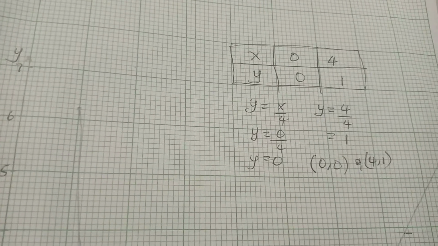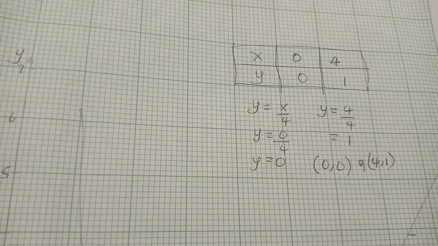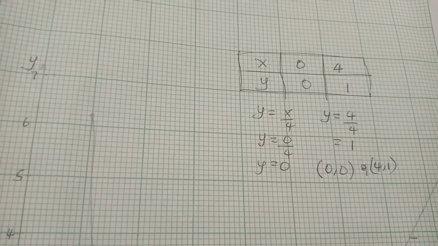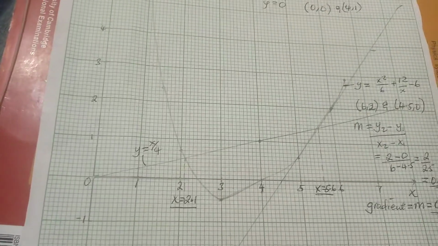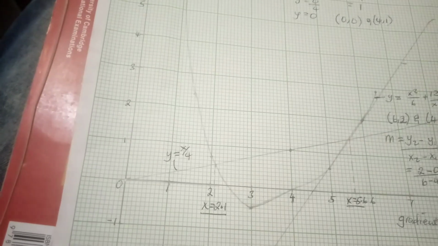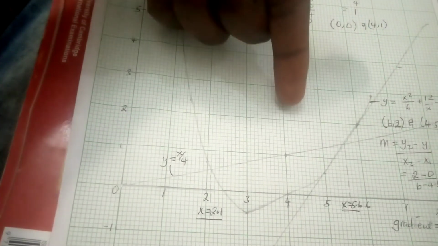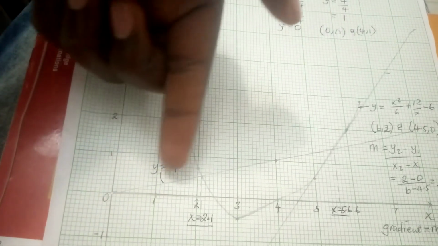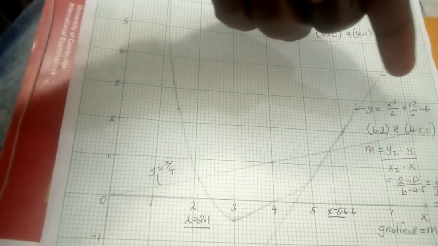When we replace 4 in the equation we have 1, so we have (4, 1). Since it's a straight line, we can plot it. So let's go to the graph, (0, 0) is there, and (4, 1) is there, and we draw a straight line using a ruler and pencil.